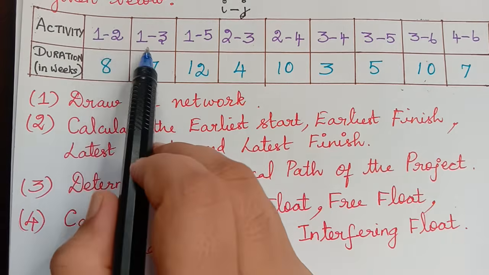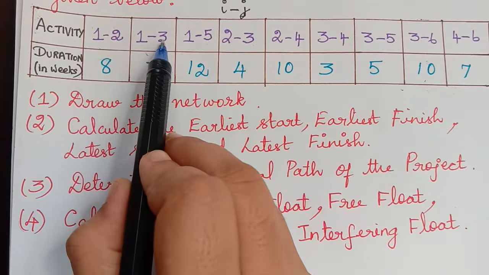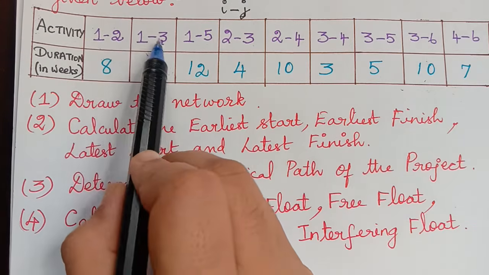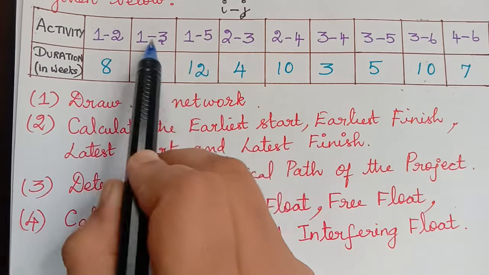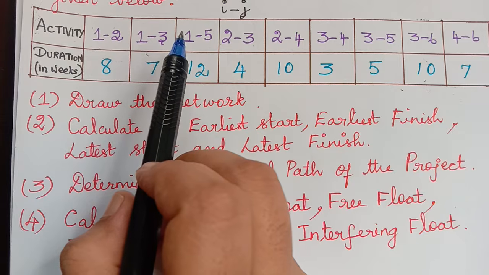From event 1 there are 3 activities emanating, that is 1 to 2, 1 to 3 and 1 to 5. These 3 activities are the parallel activities.